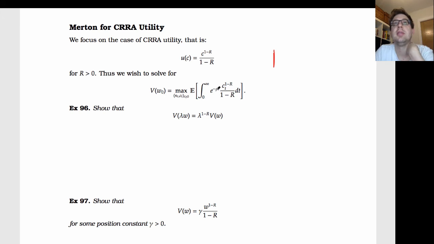So we're taking the integral of the discounted utility of consumption, where the utility is given by this now. Essentially, what we can show is because this is a power function, we might get some sort of power function form out of our value function here, V. And that's going to help us a lot in evaluating what these different derivatives are doing. Okay, so let's have a look at that.